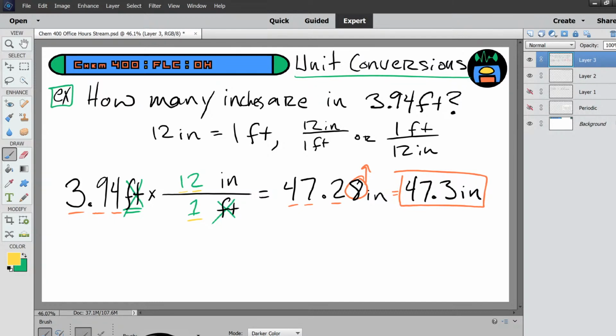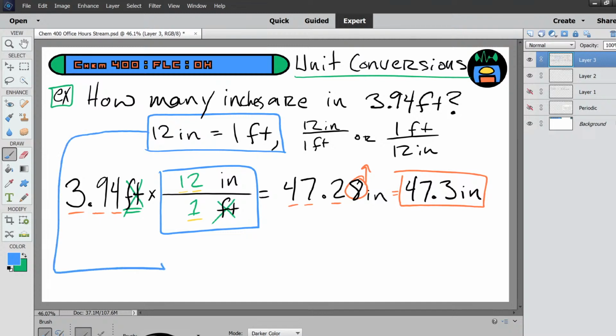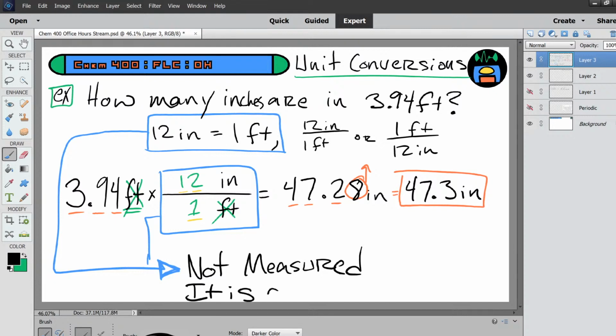And the answer is that this ratio, the ratio 12 inches in 1 foot, is not measured. It is a definition. It's not measured, it's a definition.